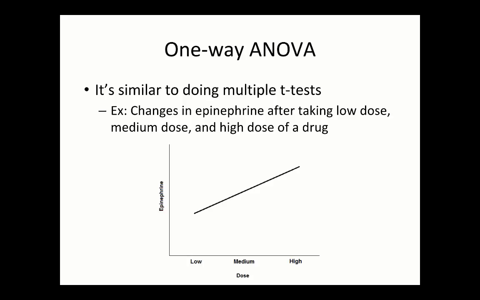The test determines if at least one of the groups is significantly different than one of the other groups. A post hoc test can be done to assess each pairwise comparison and determine which groups differ. Thus, the following comparisons would be made: low versus medium, low versus high, and medium versus high.